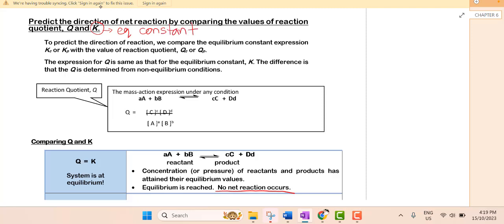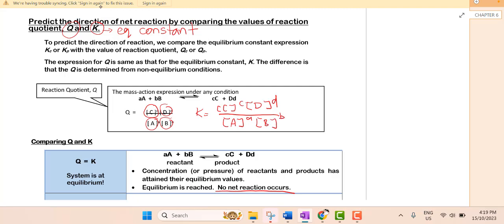Q will have a similar expression to K. The difference is that for Q, we take the value of concentration at any point, maybe at equilibrium, maybe not at equilibrium. For K, the value must be the concentration at equilibrium.